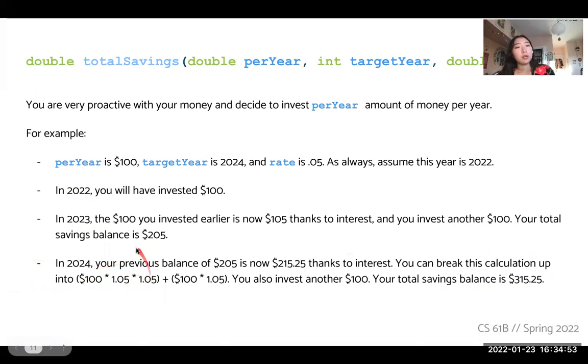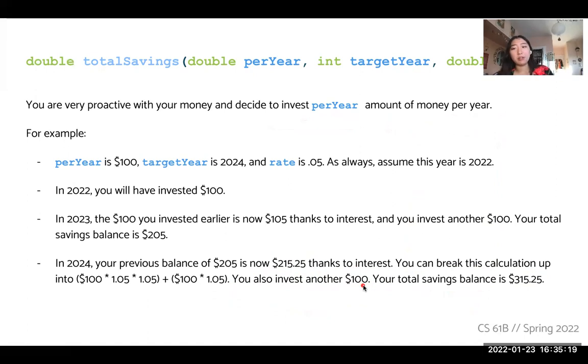For the 2023 $100 that you invested, you've gained interest once. And then of course, in 2024, you're also investing another $100 because you invest 100 per year. And so your total savings balance is $315.25 because you have the amount from before plus your new investment of $100.